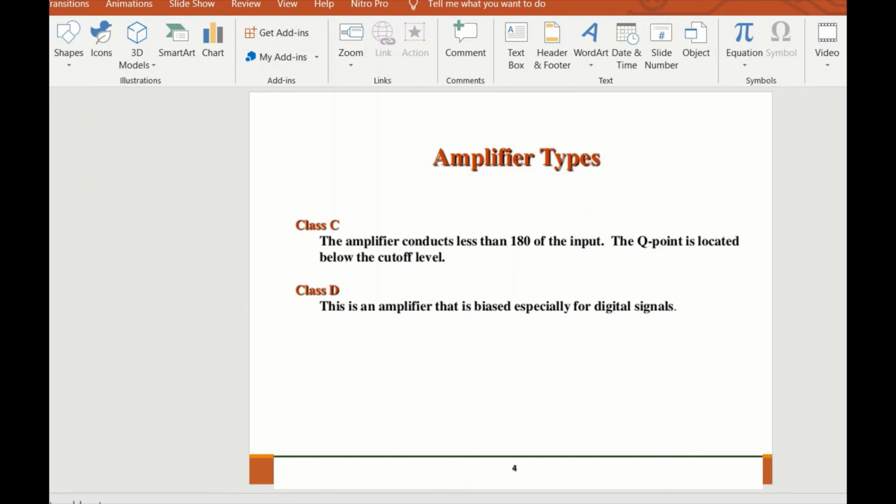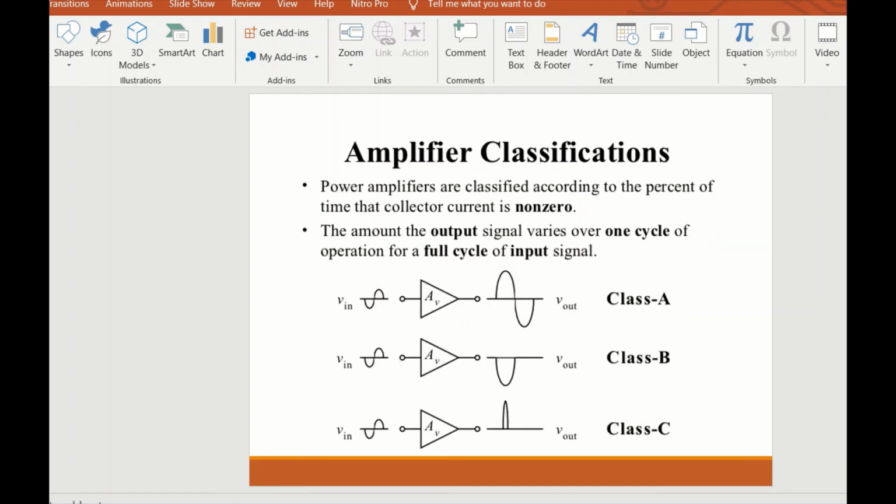Here we can see the power amplifier in class A. If the input signal is Vin, the output will be inverted like this, right? And the output will conduct for the whole cycle, the full 360 degrees. In the case of class B, if the input signal is like this, the output will be in the same phase as the input, but it will conduct only for a half cycle.